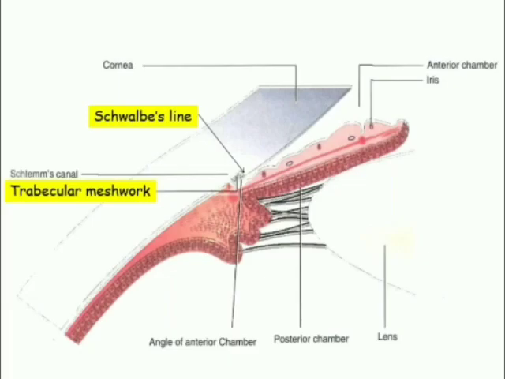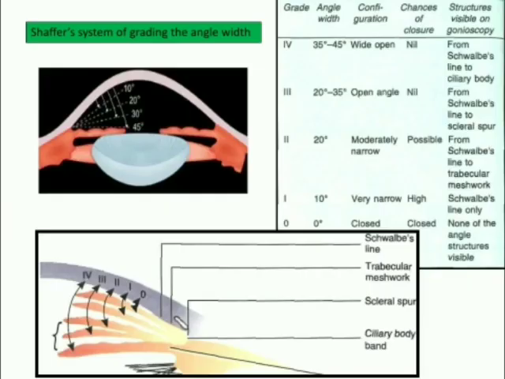The angle structures can be studied and graded with the help of Schaeffer's grading system. This is a very important grading system in order to rule out any narrowing of the anterior chamber angle. A narrow anterior chamber angle is one of the important considerations for glaucoma assessment.